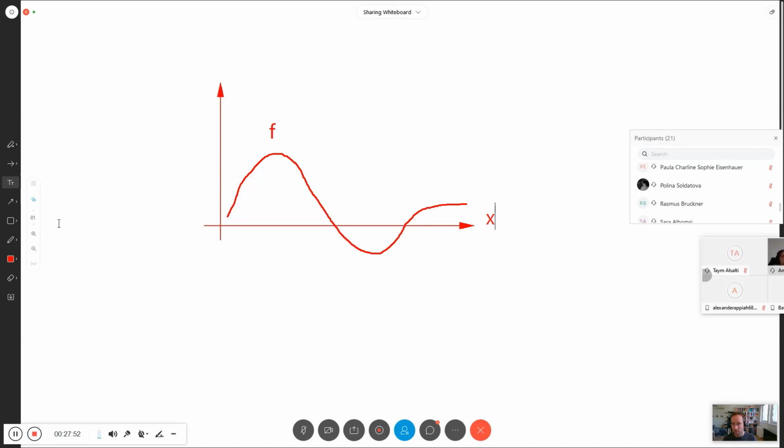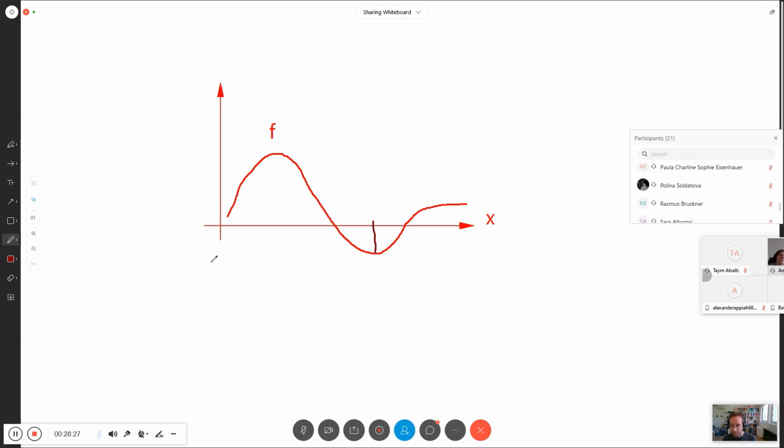And as you can see, at least if we only, we're not talking about what might happen on the other side of the vertical arrow here. So the minimum, obviously, if you look at this function, is here.